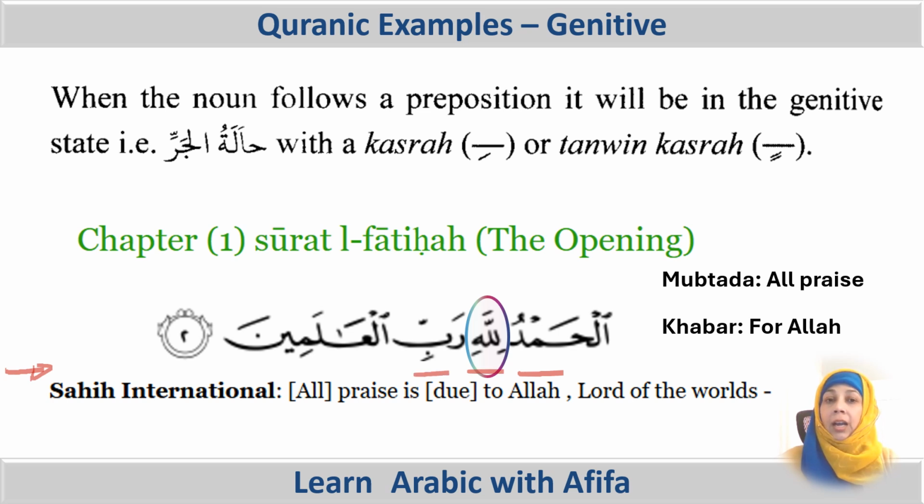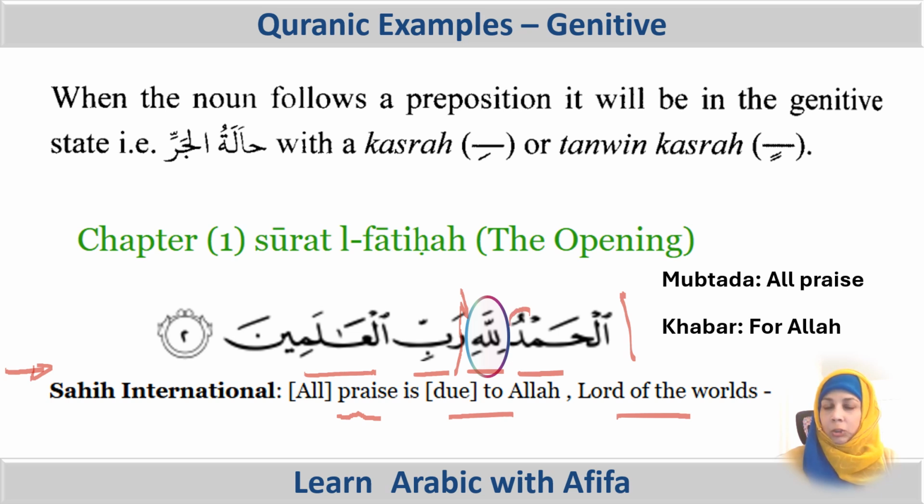Alhamdulillahi Rabbil Alameen. It means all praise is due to Allah, Lord of the worlds. Here, we analyze a portion of the verse. Okay, so let's start with Alhamdu. Alhamdu means all praise, and that is the mubtada of the sentence.